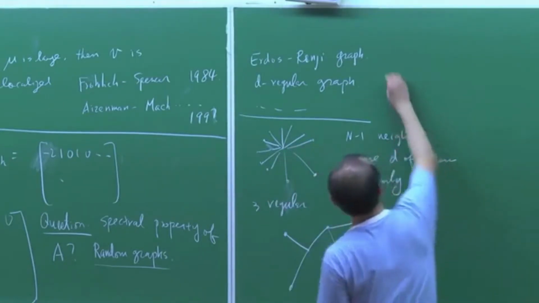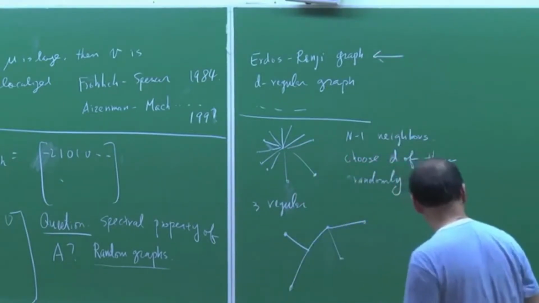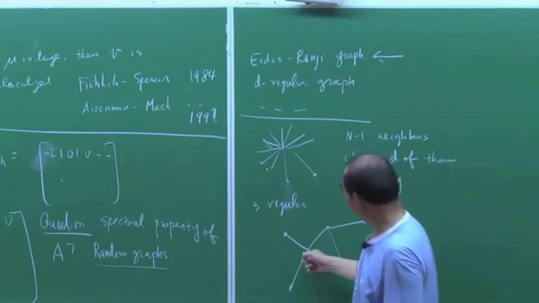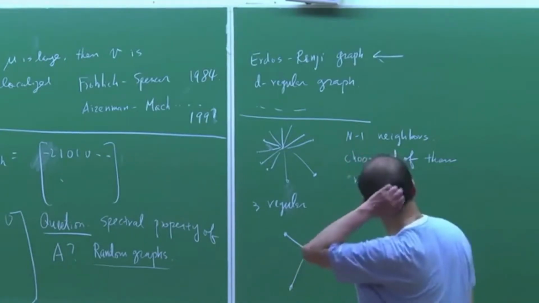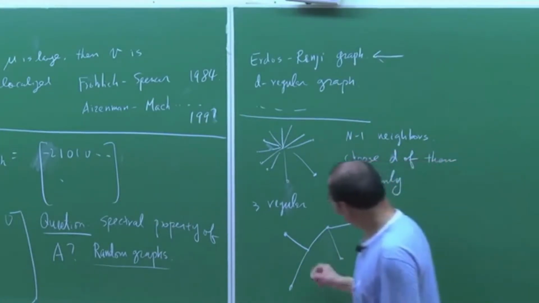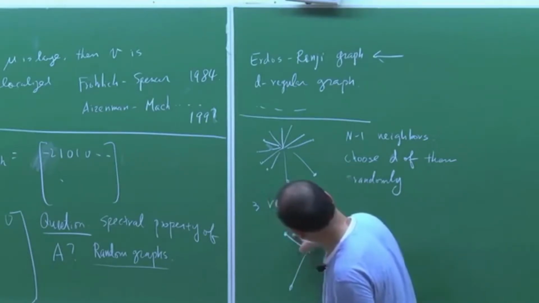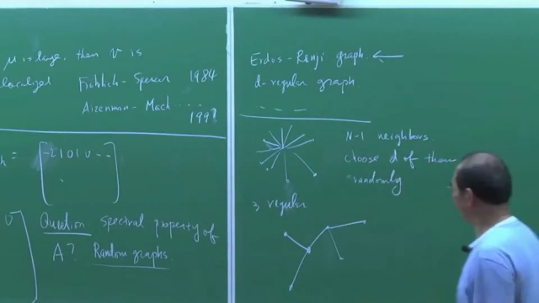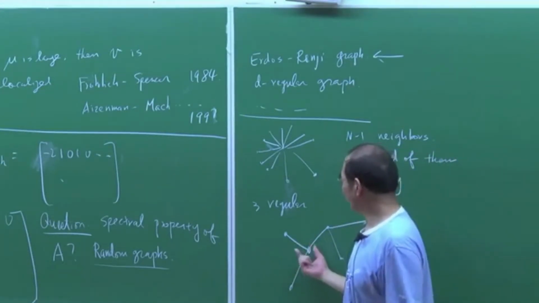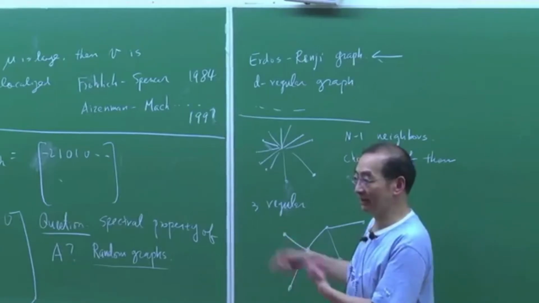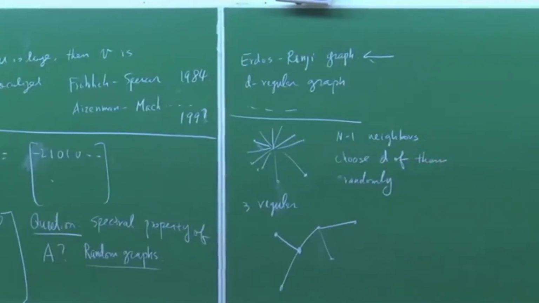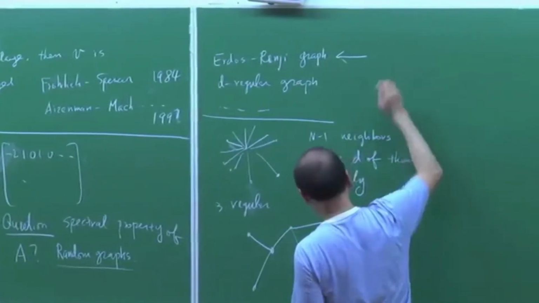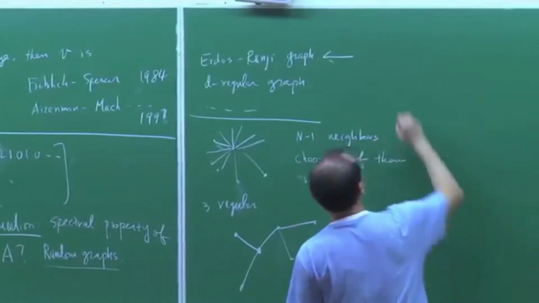And the Erdős-Rényi graph is quite similar. Instead of choosing just 3 for each vertex, there's a probability to choose D, but this D is again random. So actually it's much easier.